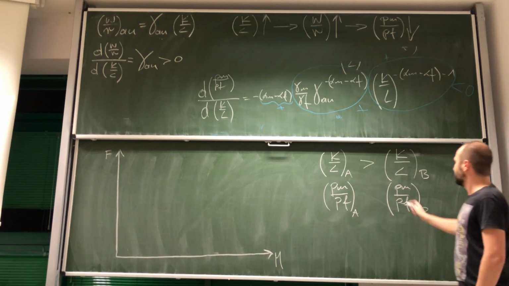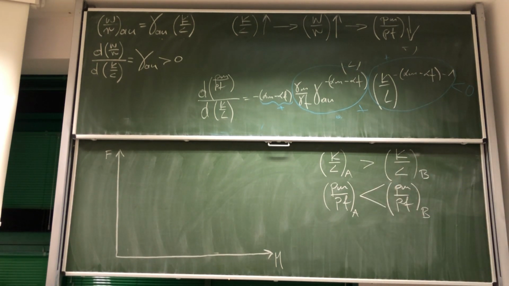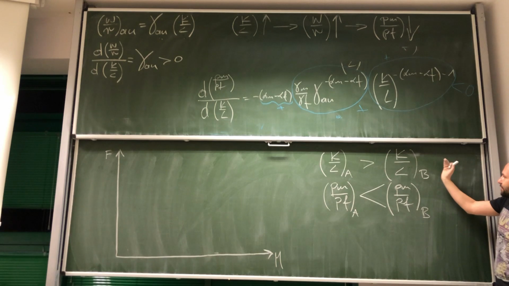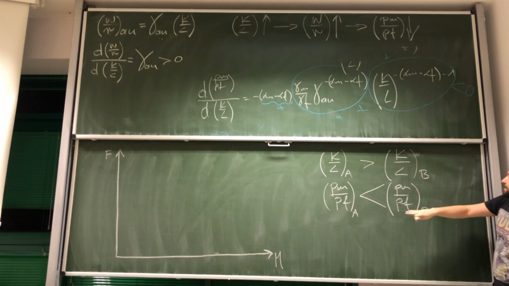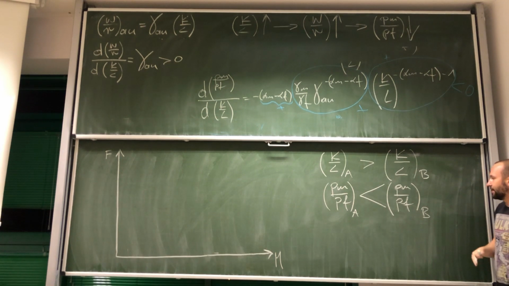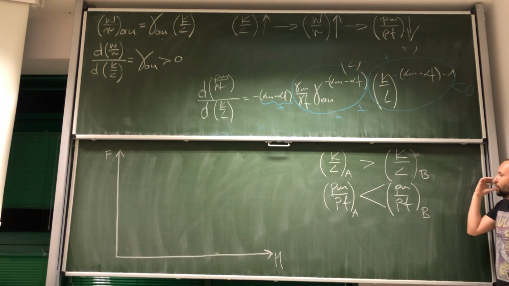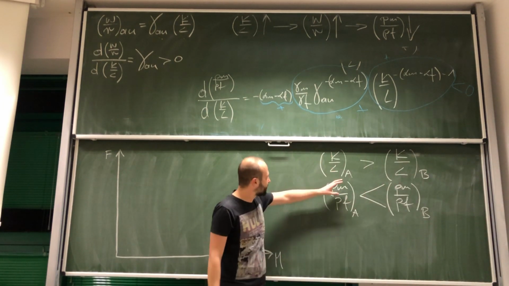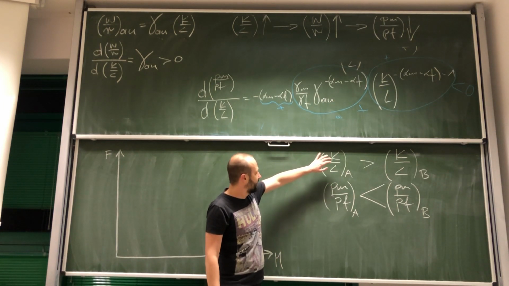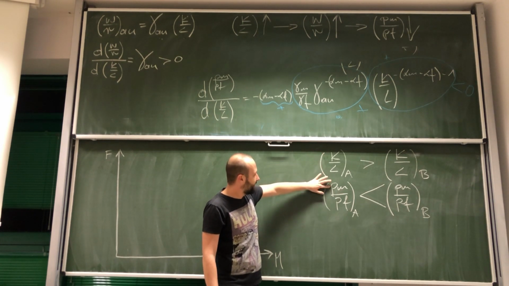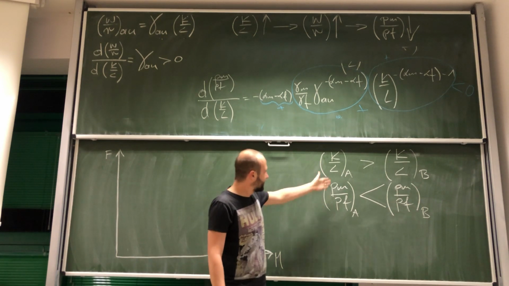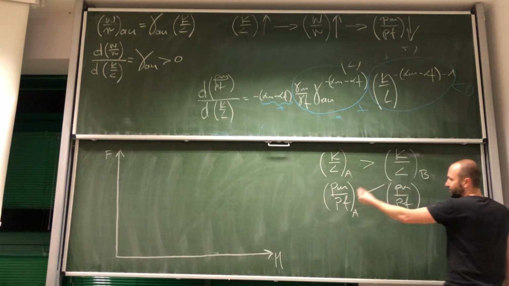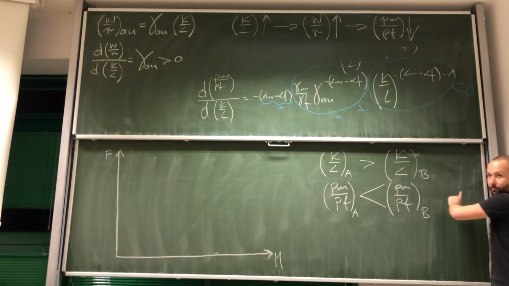We expect that because Bolivia is labor abundant, the price of food is going to be relatively lower than in Austria, and on the other hand, the price of manufacturing in Austria, which is capital abundant, should be higher, and as a result, we see that this ratio will be lower in Austria than it is in Bolivia, right?